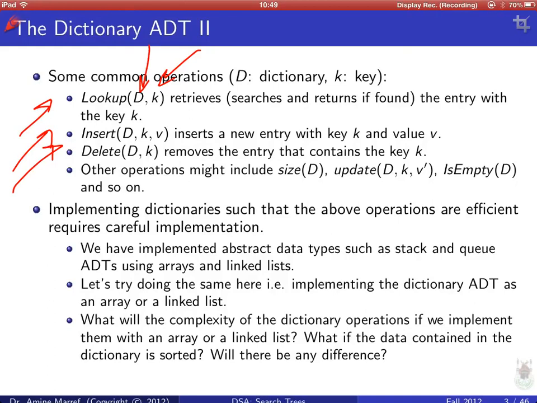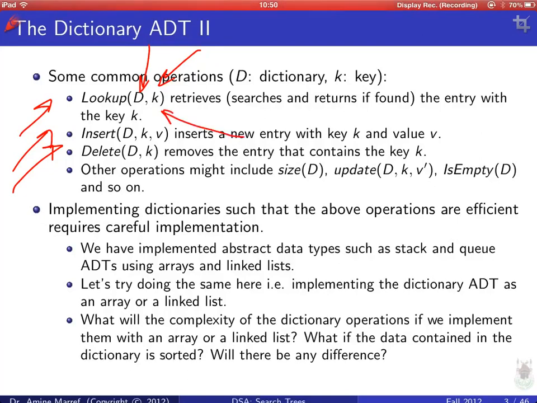That means the elements in the dictionary are stored in a non-sorted array. So the dictionary initially is empty. Okay, so the dictionary initially has nothing, and we are going to represent it with an array. So initially the array is empty.